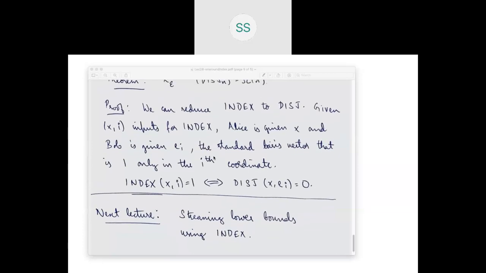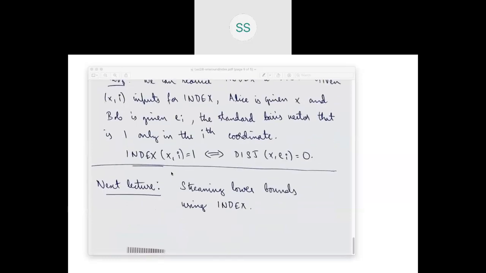Whatever is already known to be hard, we reduce it to the problem of interest. If the problem of interest can be solved easily, that would imply the known hard problem can also be solved easily. But this is of course impossible, and hence the new problem is also hard.